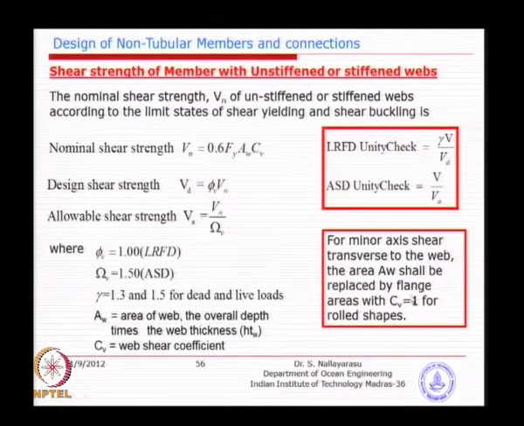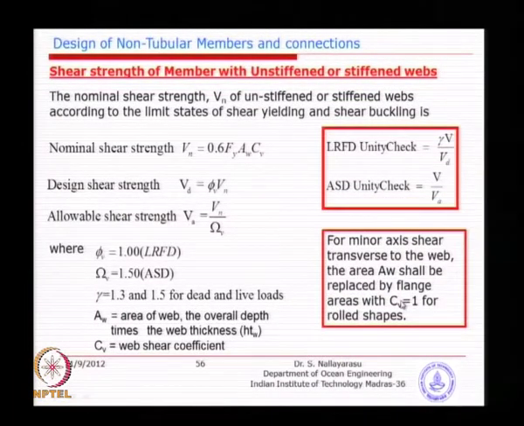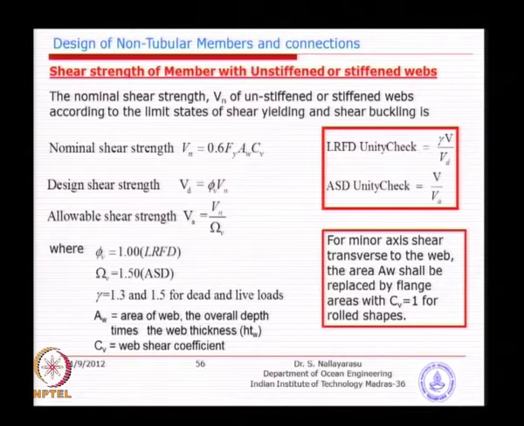That is what I have just written here, and multiplied by a coefficient called CV, which is basically a shear buckling coefficient, which needs to be calculated depending on parameters such as the depth and the thickness of the web. From the nominal capacity you can calculate the design capacity or allowable capacity by dividing by a factor of safety or a material factor.